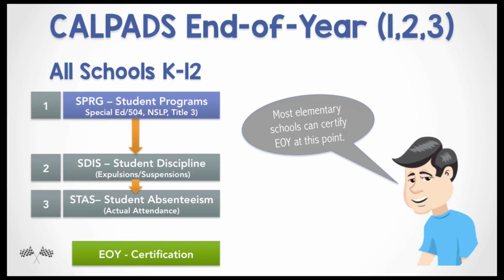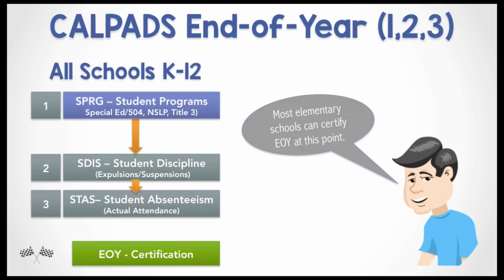So it's probably good data practice to get your discipline information in the system first, get that solidified and confirmed before you start downloading the absentee information and uploading that to CALPADS, because it does make a difference.